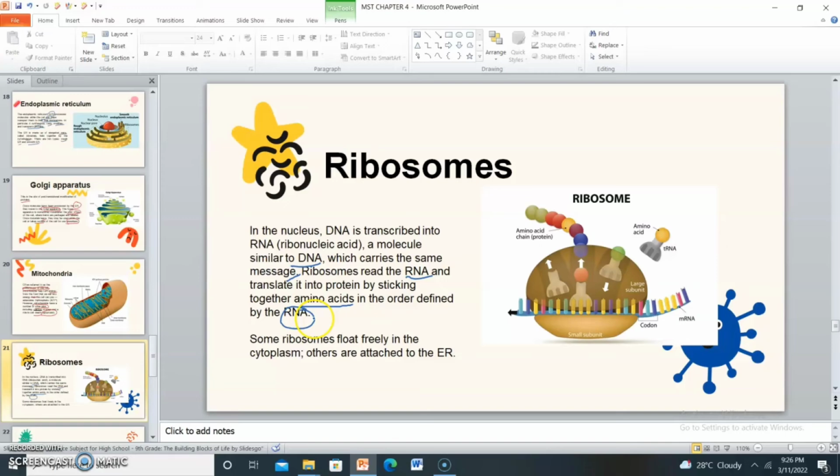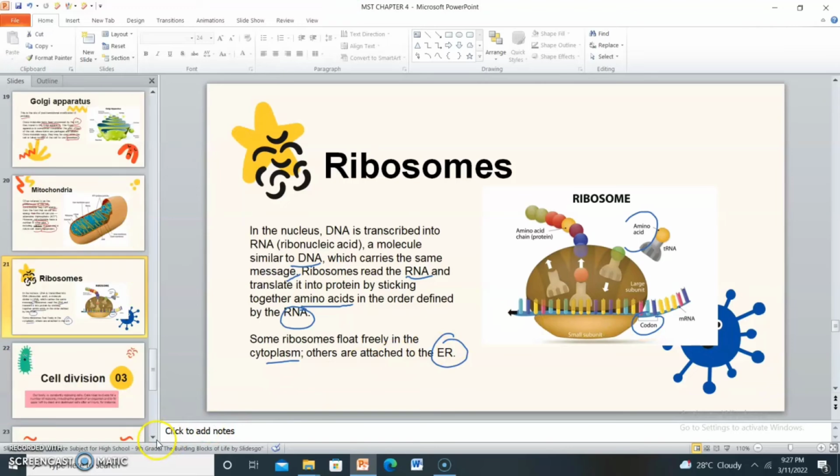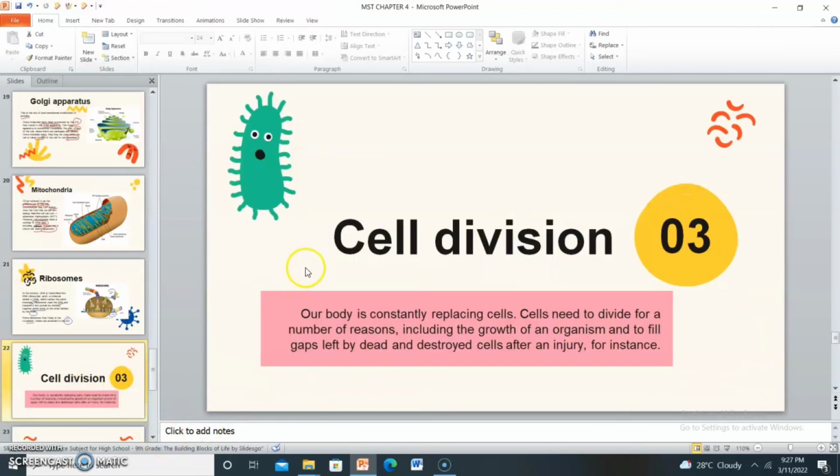Some ribosomes float freely in the cytoplasm while others attach to the ER, or endoplasmic reticulum. This is the ribosome, the amino acid, the codon and mRNA.